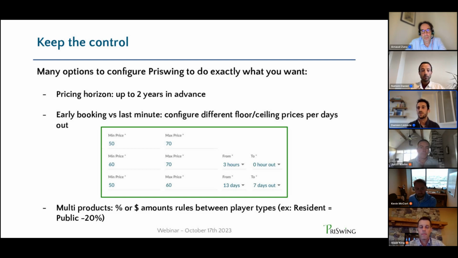You can have different strategies between early bookings for people booking a long time in advance versus last minute bookings, with different minimum and maximum price per days out. And of course, we can price as many products as you want. If you have many different customer classes like public, senior, resident, wholesale, third party, etc., we can have different price per customer category.